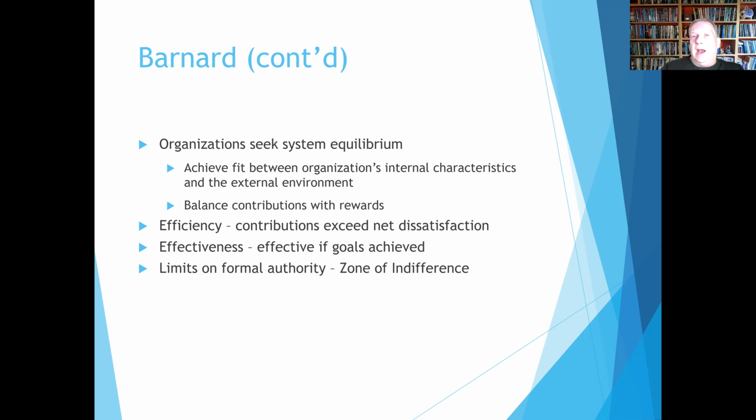So when we try to extract contributions from our employees, we need to do so mindful of those ethical standards and beliefs for each individual employee. This is what Barnard refers to as zones of indifference. Every employee will have a different zone of indifference, pun intended. So everyone has a different zone of indifference.